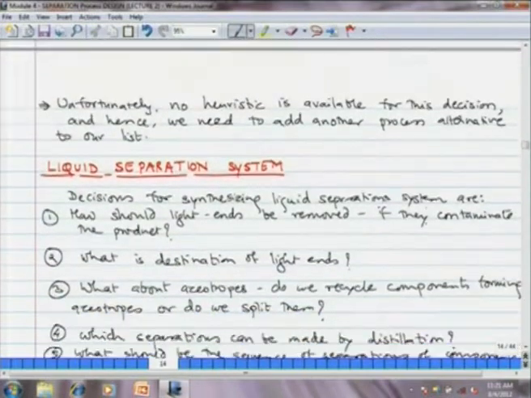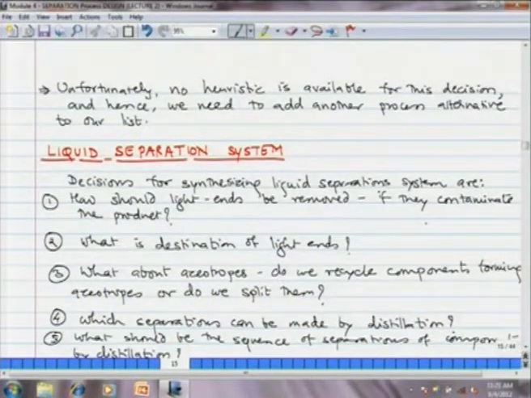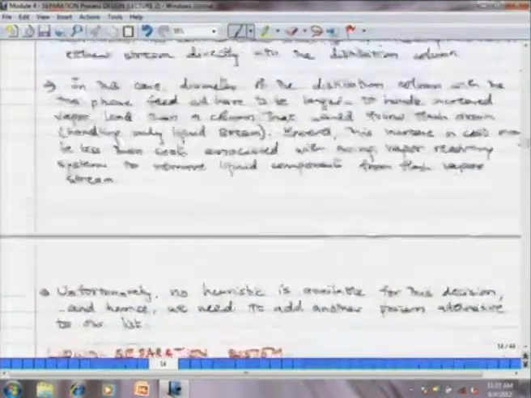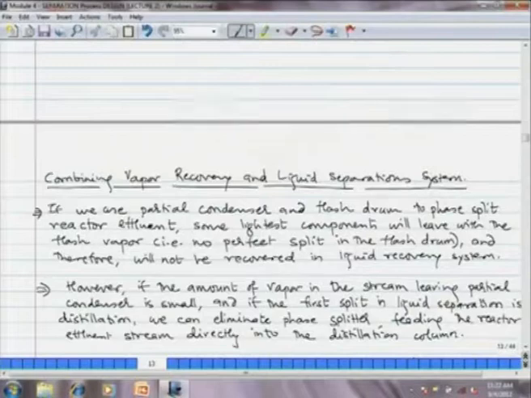Now, there are no heuristics or guidelines available for making such decisions. So, these decisions vary from case to case, and we need to look at the process carefully before making such decisions. So, this is how you can combine the vapor and liquid separation system.